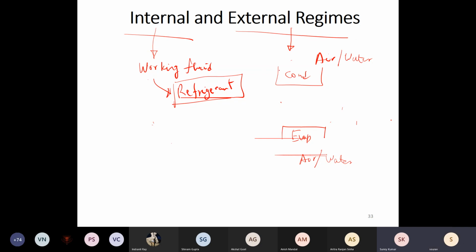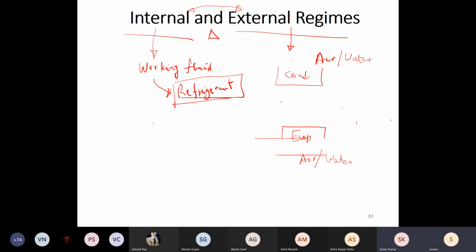In case of a power plant, we will say that the boiler is operating at a so-and-so temperature. But that is not actually the case. Your coal is burning at a significantly higher temperature, so there will be a large delta T between the flue gases and the water itself, which is boiling. So there is always an interaction between the external and internal regime through the device called the heat exchanger.